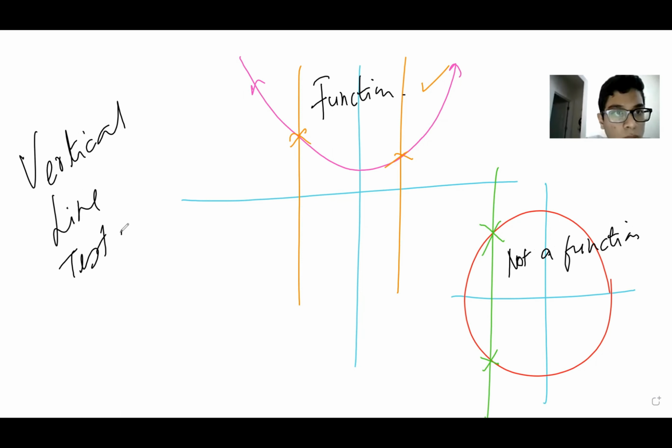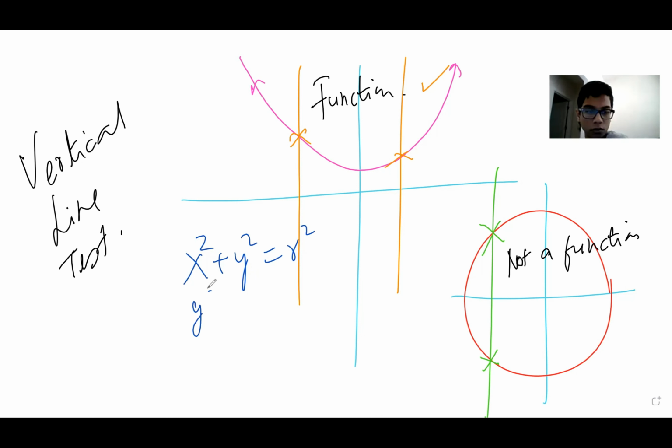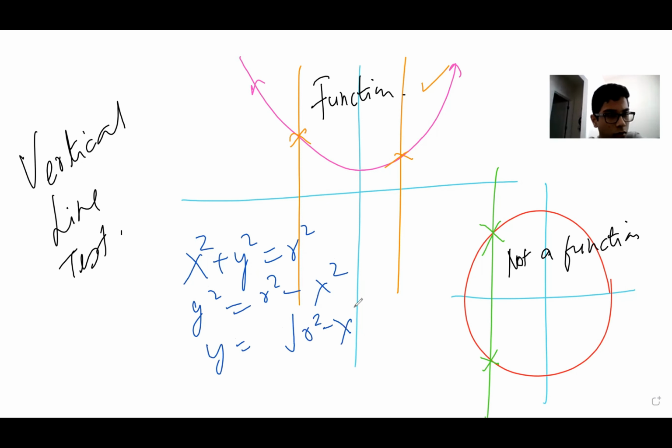Now we could also test it from the equation point of view. For example, circle equation, you remember? The equation of a circle is x squared plus y squared equals r squared, right? If you isolate y, what will you get? Well, y squared will be r squared minus x squared, and y will be the square root of r squared minus x squared.